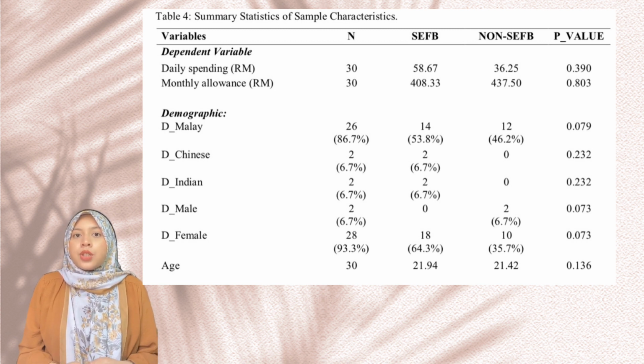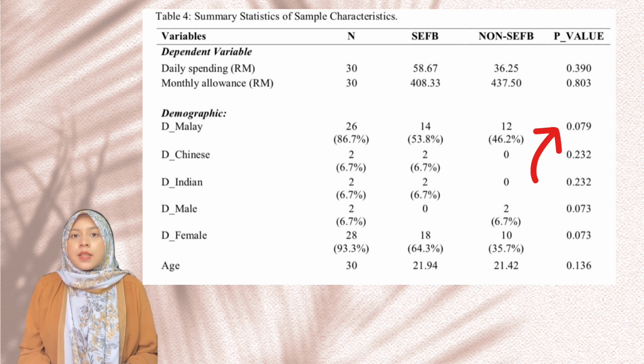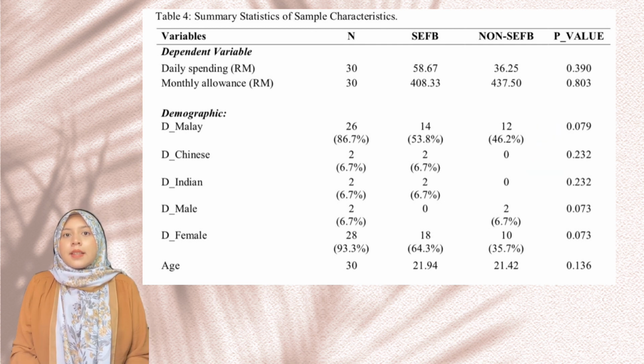Next, for the spending pattern on student living expenses in terms of ethnicity, for example Malay, Chinese and Indian, the p-value for Malay is significant, 0.079, less than 10%, and otherwise ethnicity is not significant. Furthermore, the p-value for gender, male and female, is statistically significant at 0.073. Next, categories represent the expenditures.